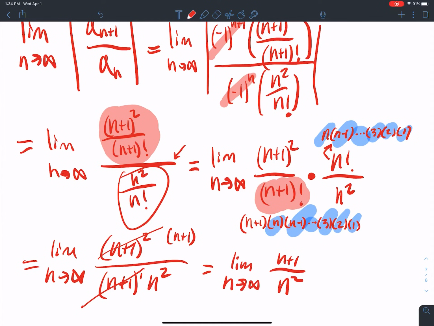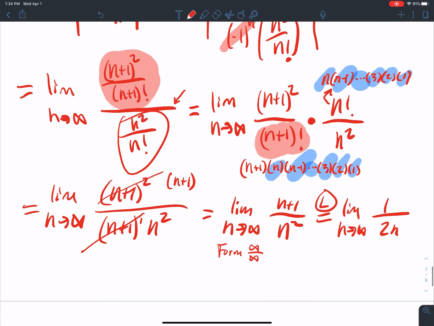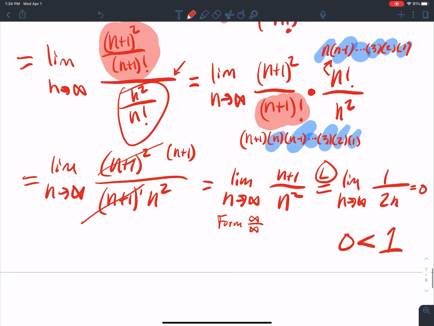Now this is the form infinity over infinity. So if I use L'Hopital, take the derivative of the numerator, I get 1. The derivative of the denominator is 2n. And this actually limits to 0. Now 0 is less than 1. So what does this tell me?